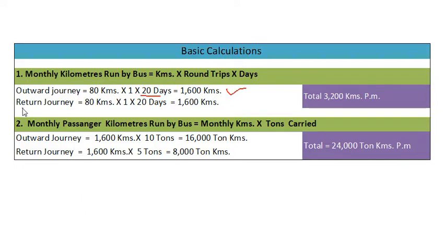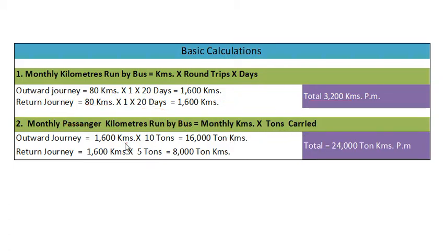And now return journey, that is Valsad to Surat, again 80 kilometers, 1 and 20 days, that is 1600 kilometers. So per month kilometers would be 3200.